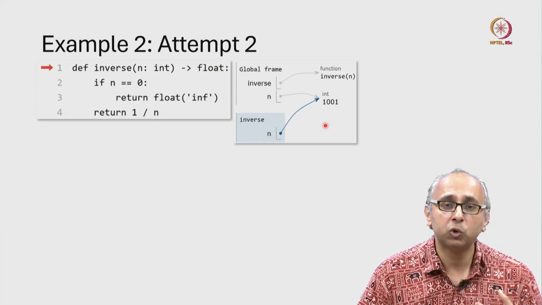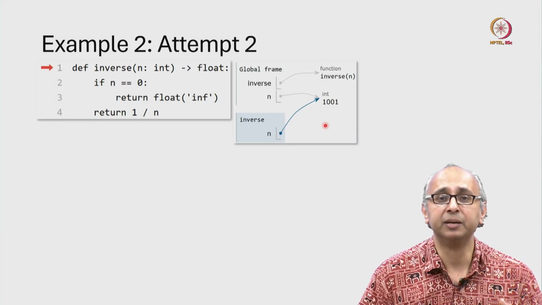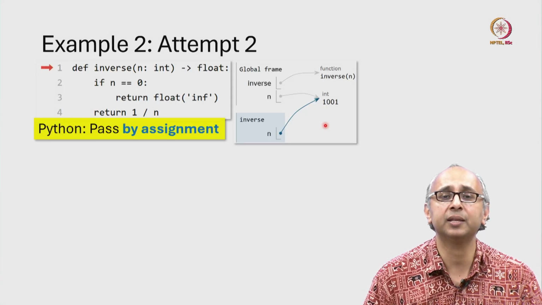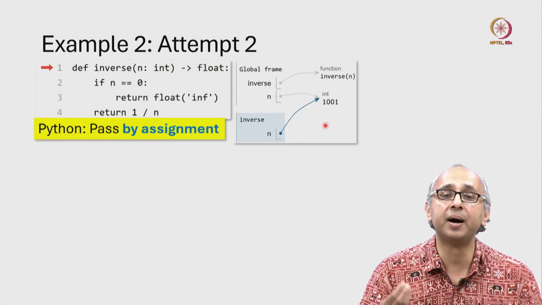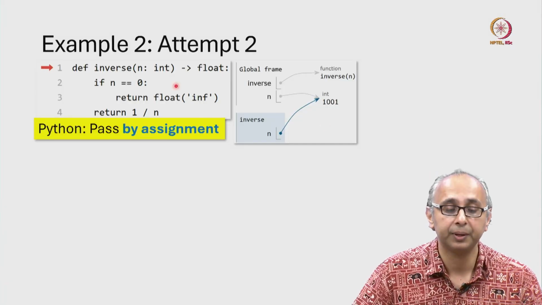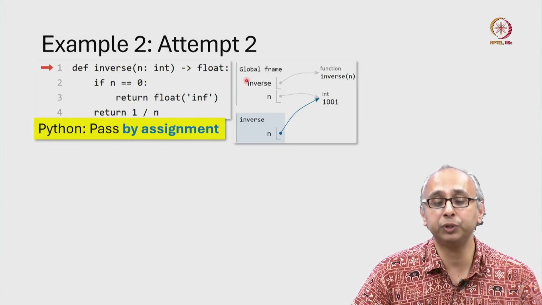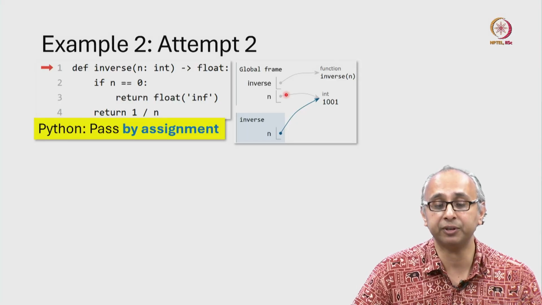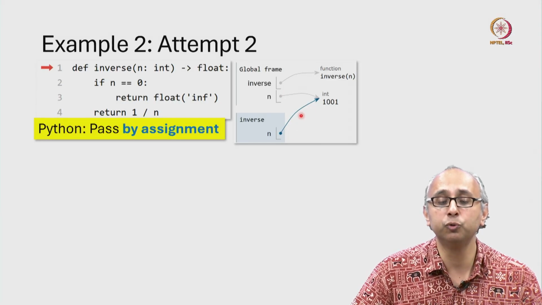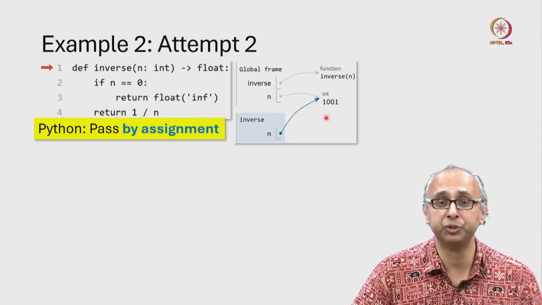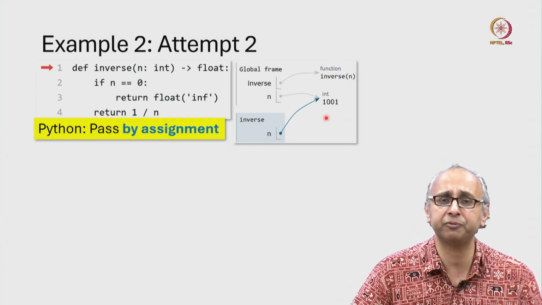So when we call a function and we give it arguments, in Python we say that those arguments are passed by assignment. It's as if we assigned this parameter n to the argument that was given. So now we have two variables referring to the same object. Remember, we have seen that that's perfectly legal in Python.